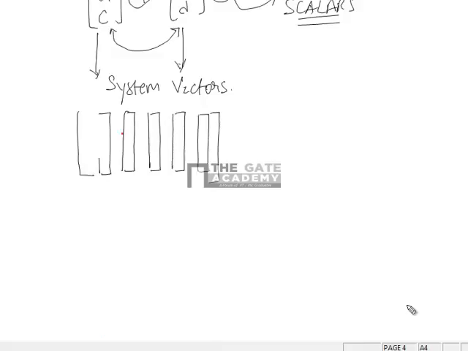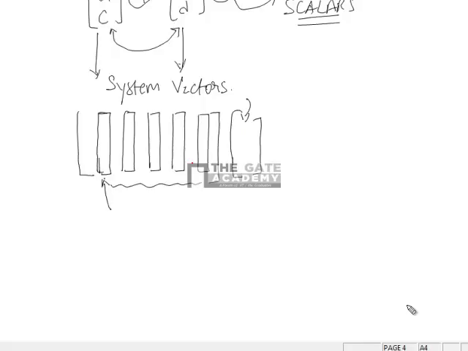Many vectors like this, and when I apply an input, each vector in the system is getting scaled by the input and the results are getting added.